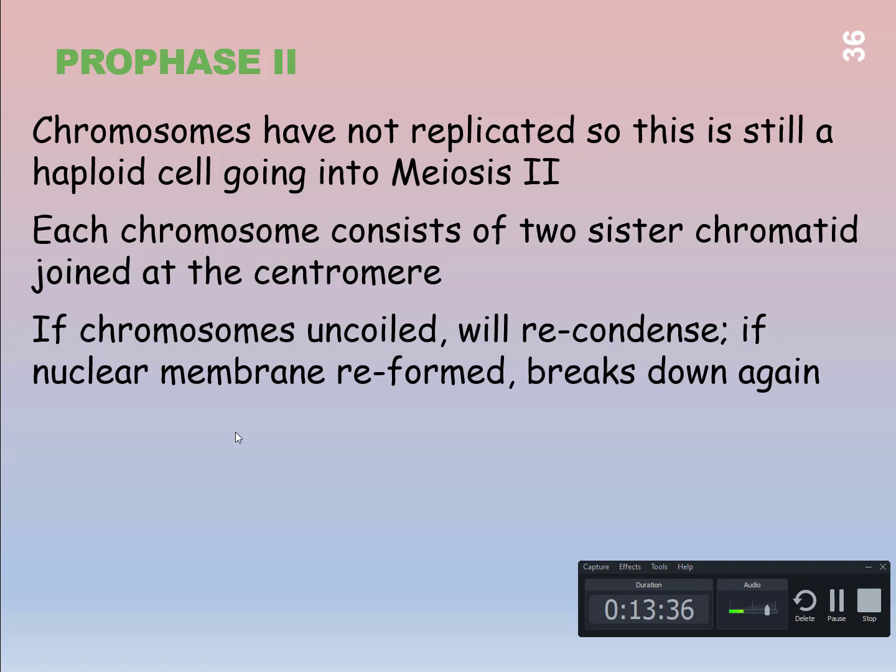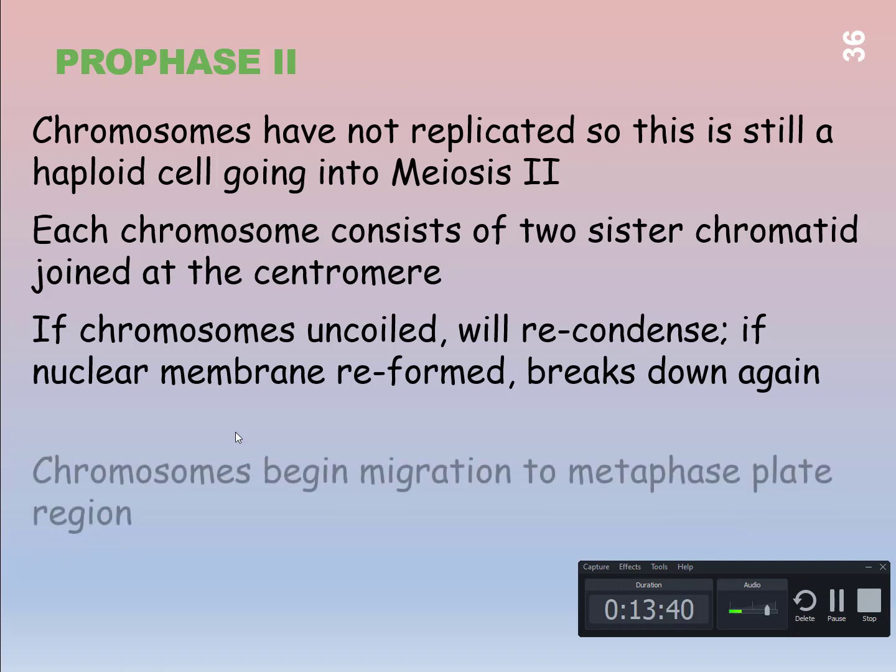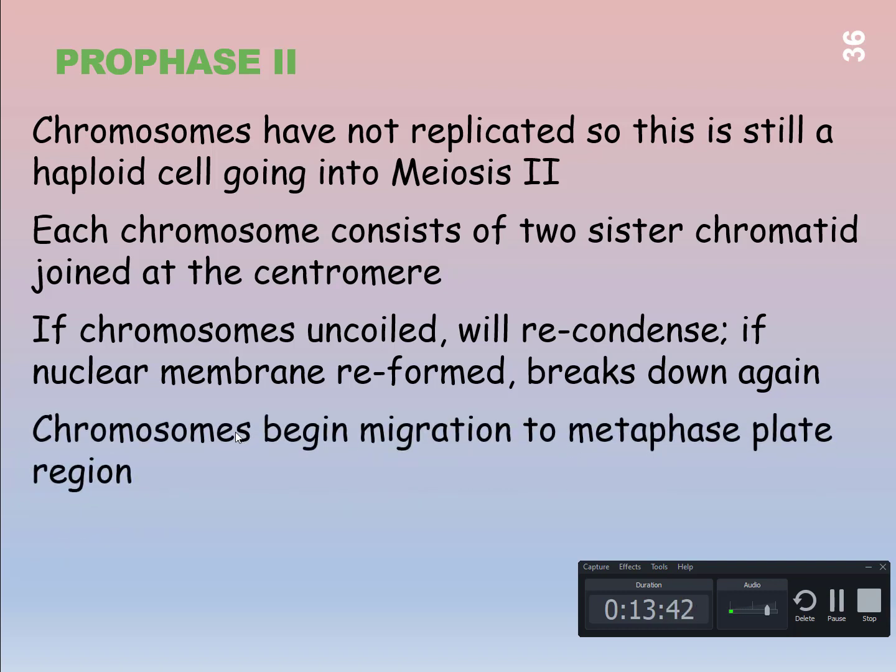So we need to recondense chromosomes. We need to break down anything that reformed. This isn't hugely common, but it is one of those things that we do want to make sure that we mention. But then again, the chromosomes are basically going to start moving to the metaphase plate.